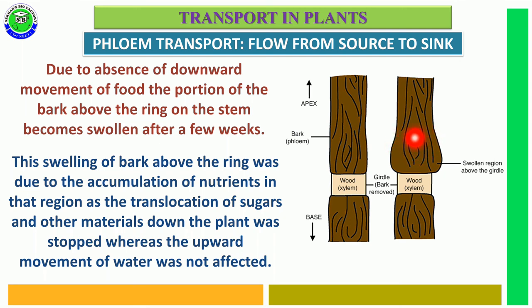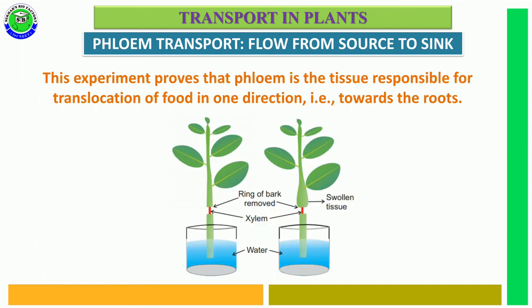is stopped, whereas the upward movement of water is not affected, because when we remove the ring, the xylem can still transport water in the upward direction, but the movement of food materials downward is affected, so the lower portion is affected in its growth.